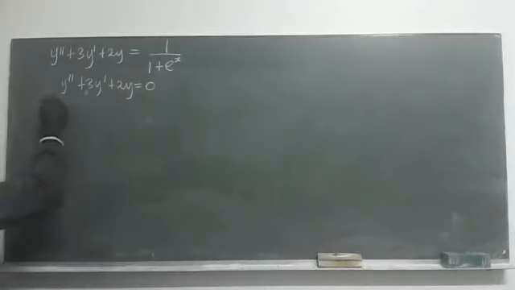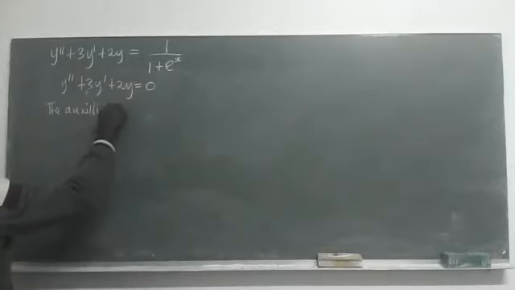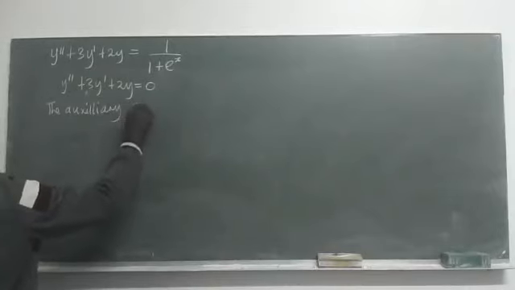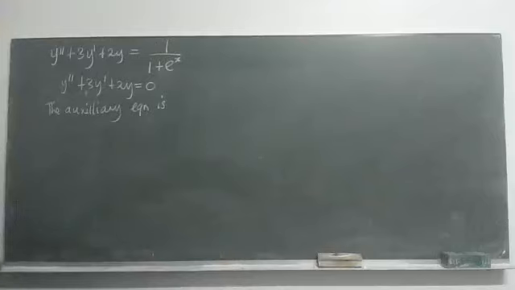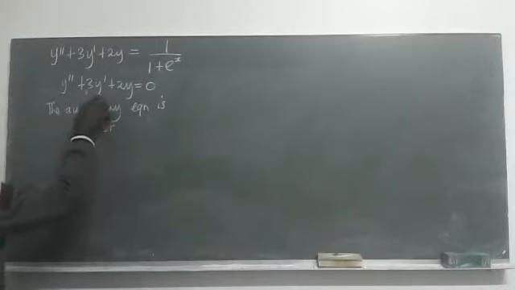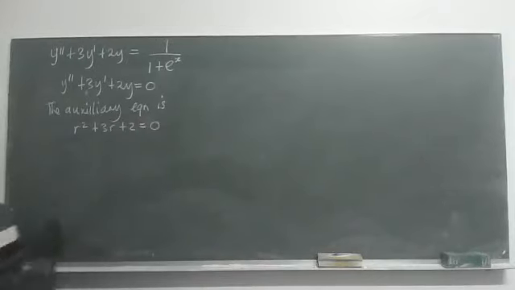And then the auxiliary equation, some prefer to call it the characteristic equation, for this homogeneous ODE becomes r² + 3r + 2 = 0.